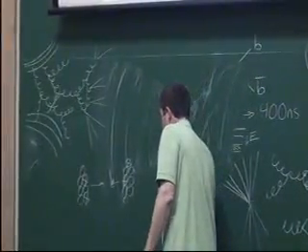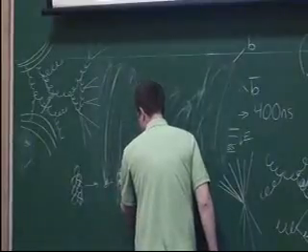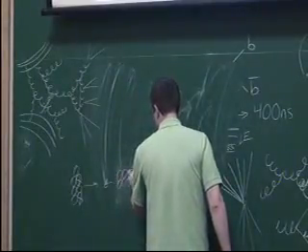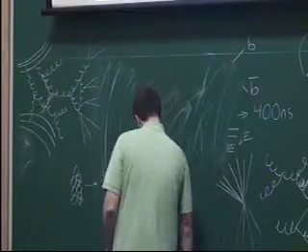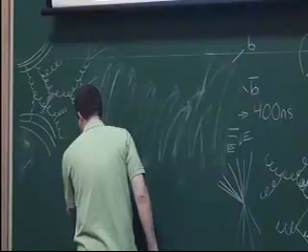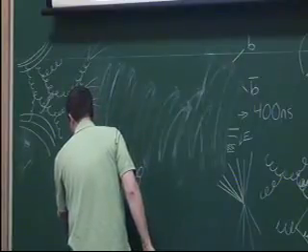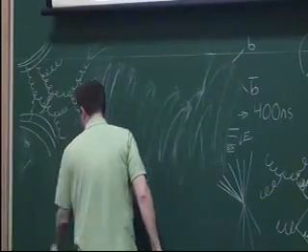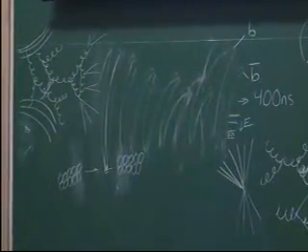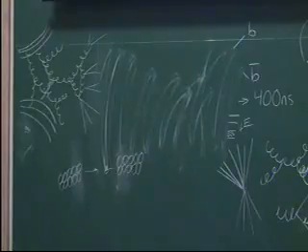Now, one thing that saves you, I guess I've drawn these bunches a little bit wrong, sorry about that. The bunches actually are much longer than they are tall and wide. So they're very narrow and short from side to side and top to bottom, but they have some bunch length. And this bunch length, you'll remember from last time, has to do with the longitudinal admittance, as opposed to the width, which has to do with the transverse admittance.